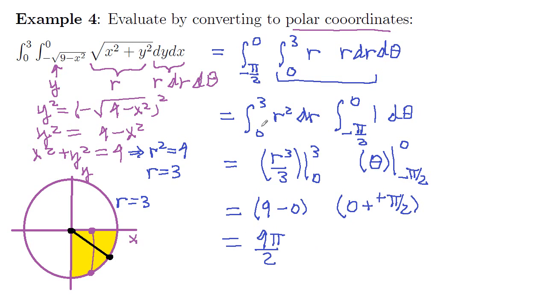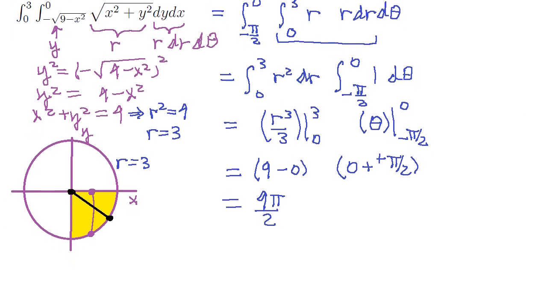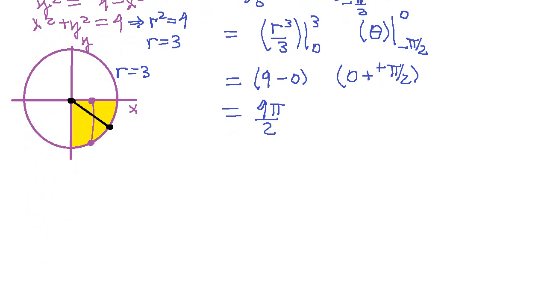And then I'll just mention that there are some problems where they want you to sketch the solid that you're finding the volume of. So for us, our domain of integration is that quarter, and then our solid is going to be the volume under z equals r, which is a cone. So if we sketch the solid that we were finding the volume of that has volume 9 pi over 2 in xyz space, that would look like this. So here's y-axis, z-axis, x-axis.